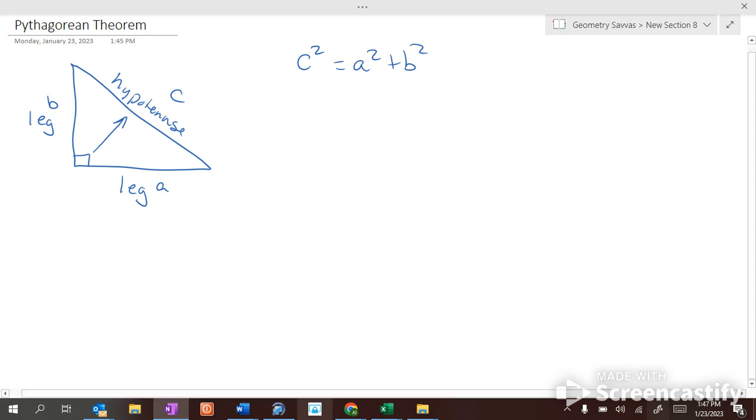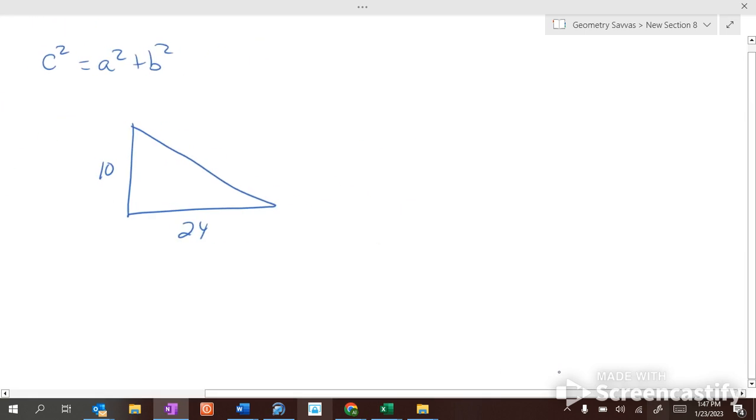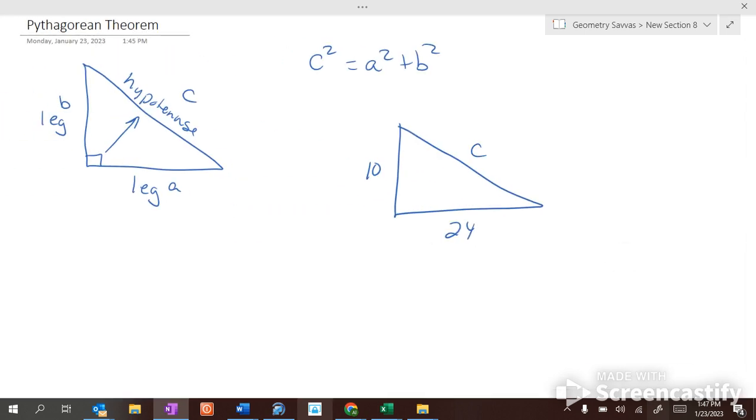Okay. All right. So let's say we have a triangle here that this is 24 and this is 10. How long is C here? Well, how would we set it up? C squared equals 24 squared plus 10 squared.